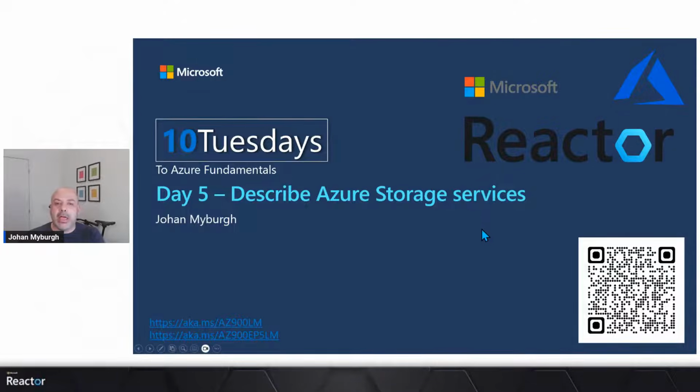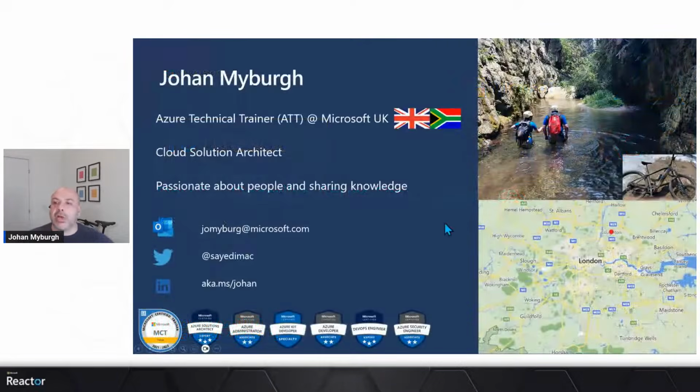My name is Johan Meiberg, and I'm a Microsoft technical trainer with Microsoft here in the UK, originally from South Africa. You'll see my Twitter handle there. You will also see my LinkedIn profile if you're interested in connecting. I love connecting with my learners. aka.ms/Johan. I'm quite passionate about community work and sharing knowledge with other folks.